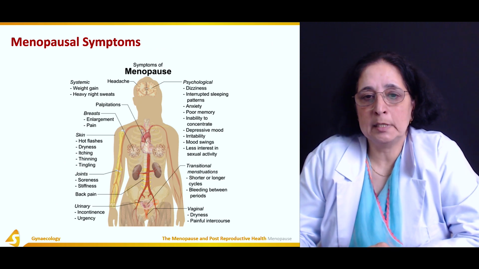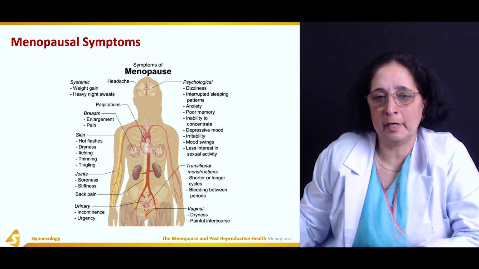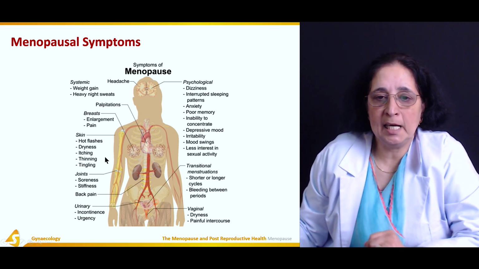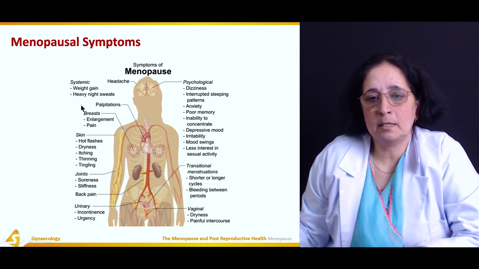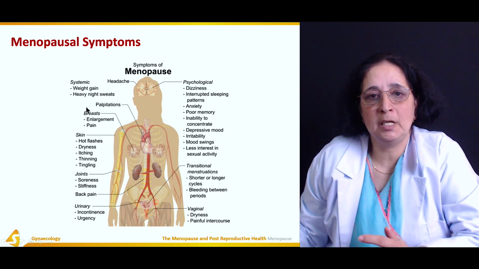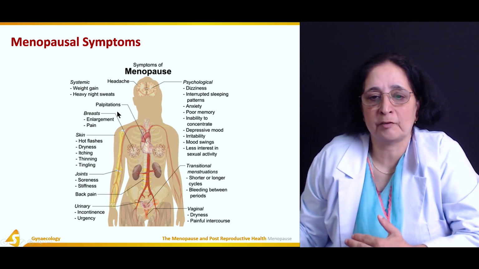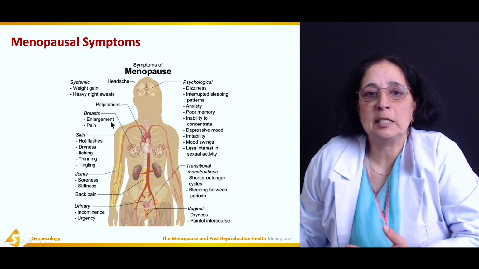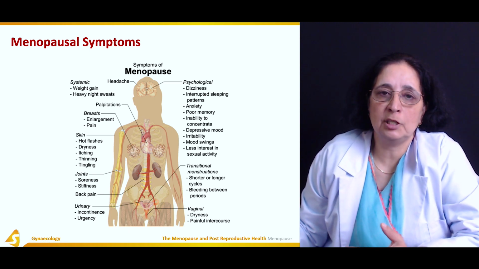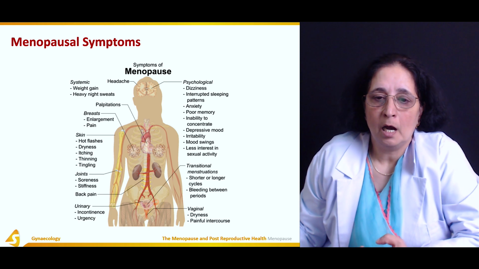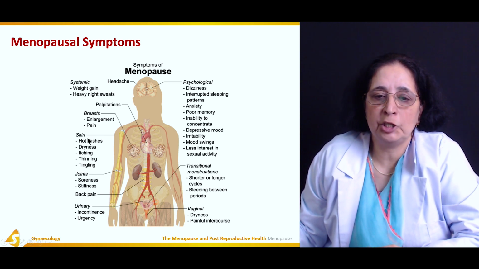Again, some common symptoms of menopause. We went over most of these already, but there is weight gain, night sweats, and palpitations, meaning the heartbeat is very fast, rapid, or there is awareness of the heartbeat. There are hot flashes, dryness, itching, thinning, tingling.